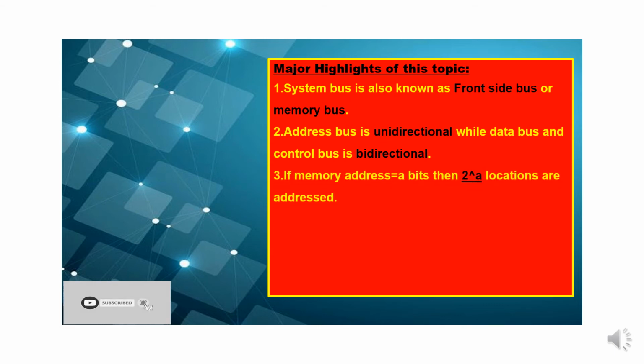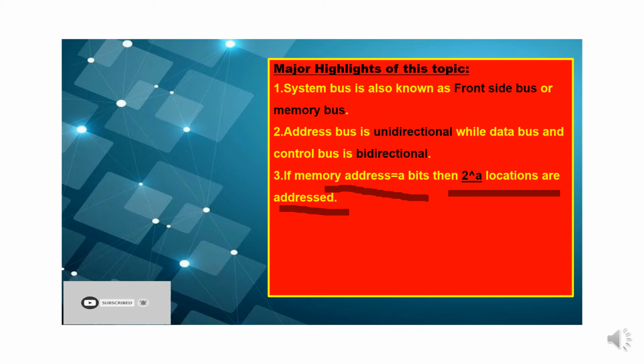The third one, we have not seen this but I have mentioned it here for your better understanding. If memory address is equal to A bits, then 2 raised to A locations are addressed.